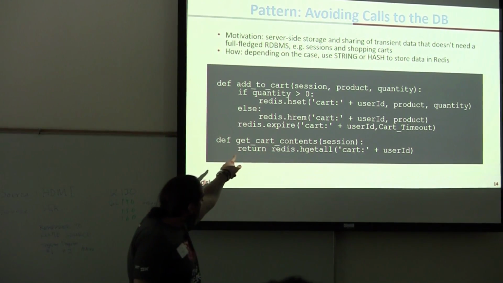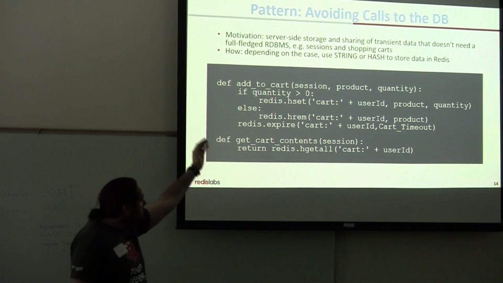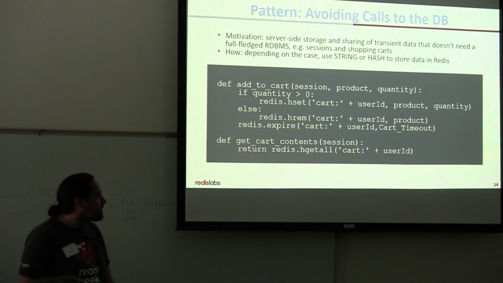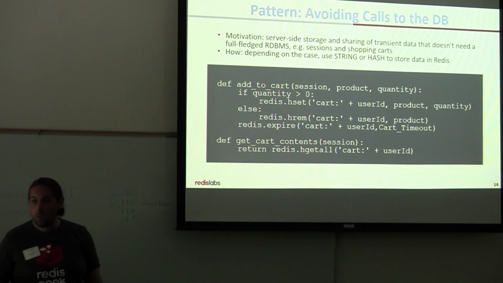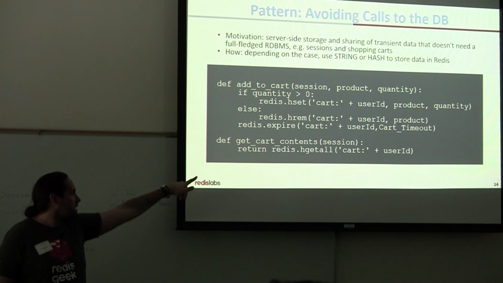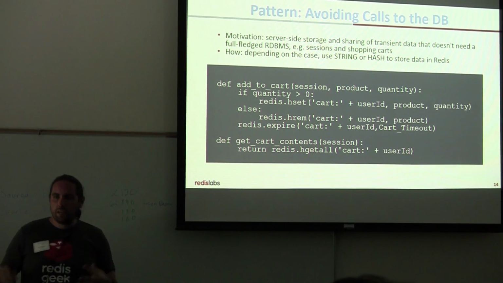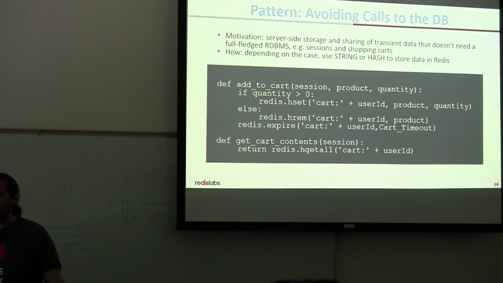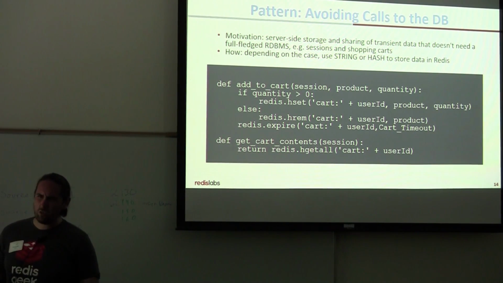If you're going to remove it, you do the inverse, and then you're going to set an expiration time, whatever works for your business logic. And then at the end, when the user is ready to check out, you just use the hgetAll command to pull all of that down. Most of the time, given this use case, your data is transitory.